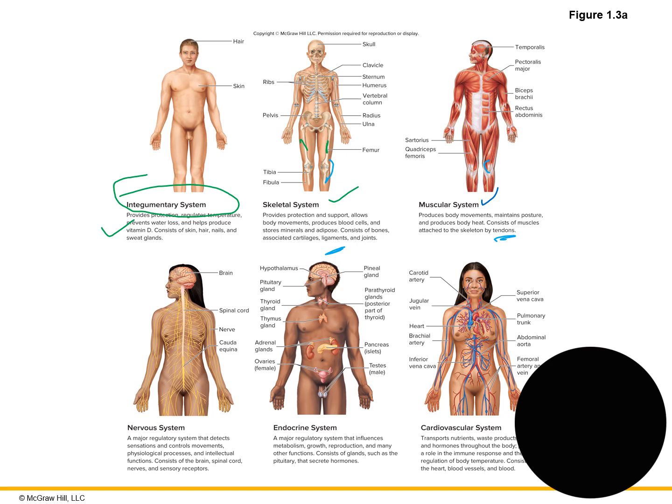The nervous system consists of two different parts I mentioned: the peripheral nervous system and the central nervous system. This is a major regulatory system that detects sensations and controls movements. So like I said, they have a brain, spinal cord, nerves, and sensory receptors.